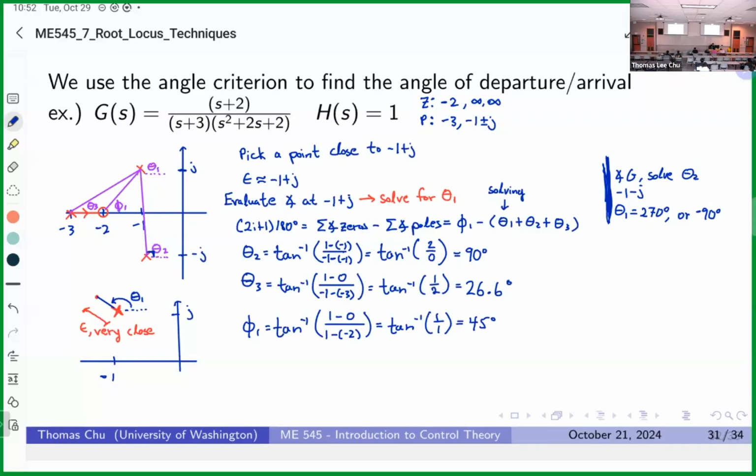All right, so now that we got that, we plug it back in. We get 2i plus 1 multiplied by 180 degrees is equal to 45 minus theta 1 minus 90 degrees minus 26.6 degrees.